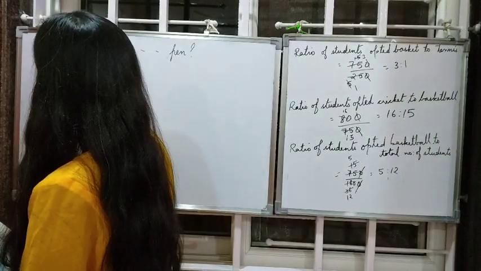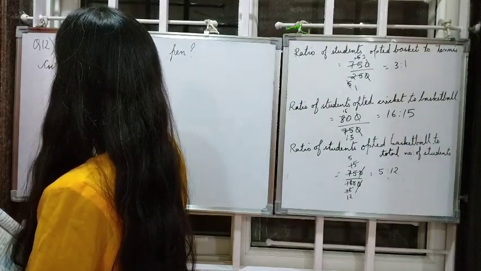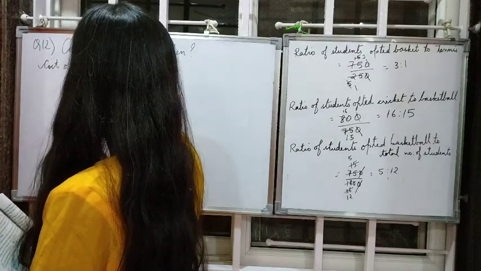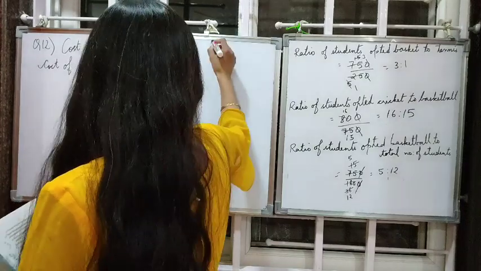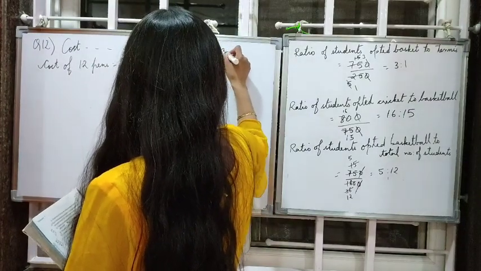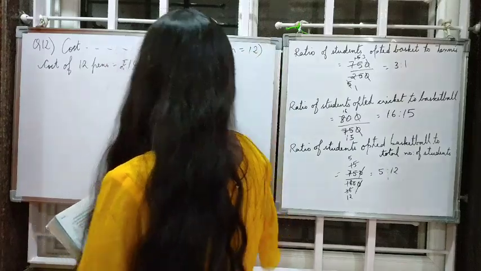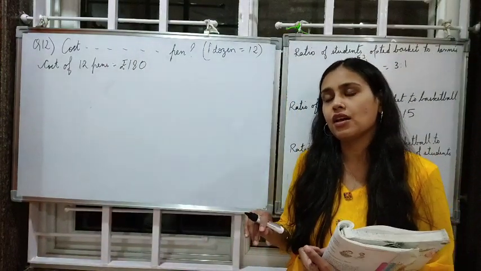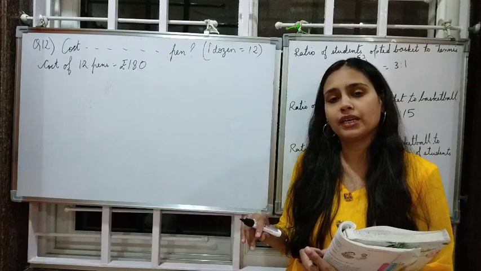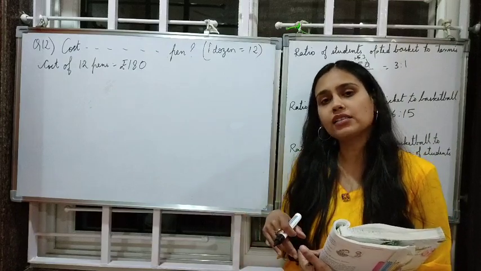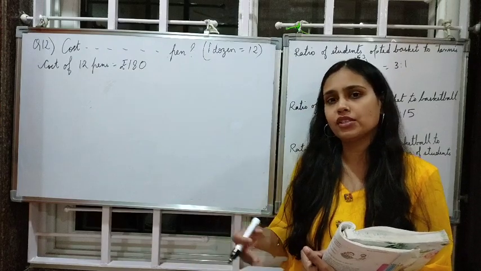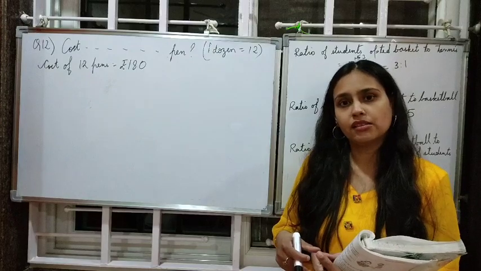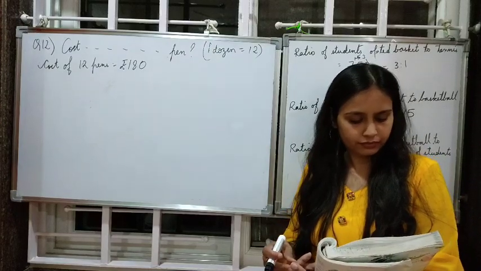Let's write what is given: cost of 12 pens is rupees 180. One dozen apples means 12 apples, one dozen eggs means 12 eggs, one dozen pencils means 12 pencils. Similarly, one dozen pens means 12 pens.